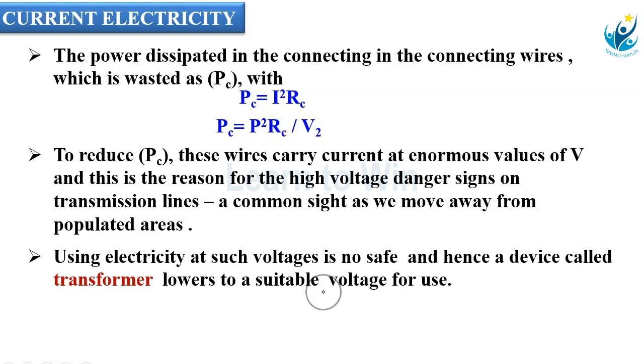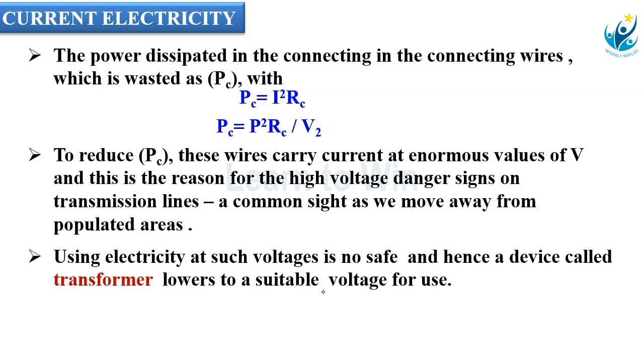For example, electrical energy is developed at 2200 volt at the power station. But in our home, we use 220 volt.